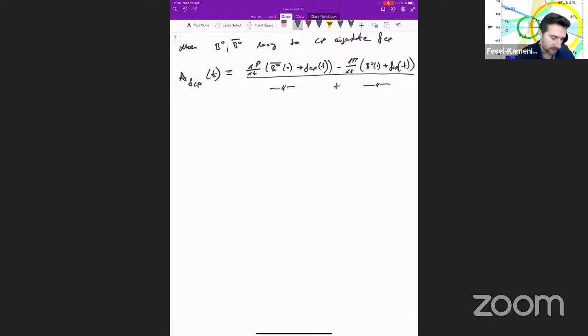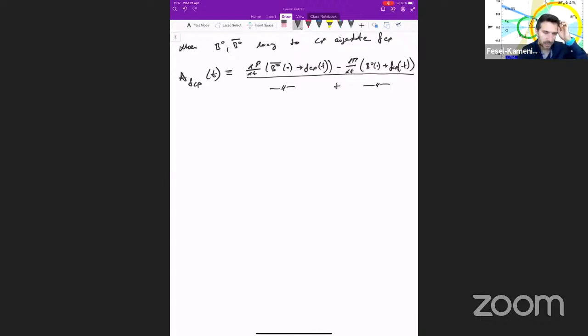So one can define these asymmetries, while we've derived them for the B naught system, for any neutral meson system. In particular, also for B_s, for D naught, and also for the kaons, if you want.